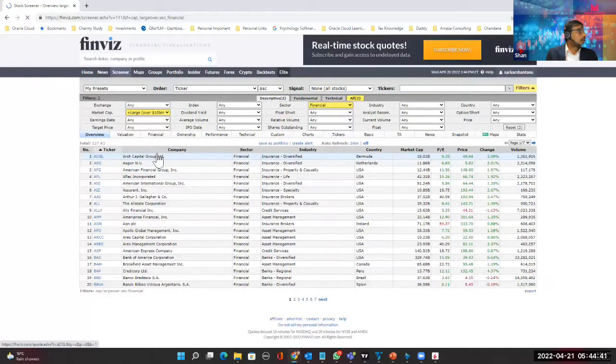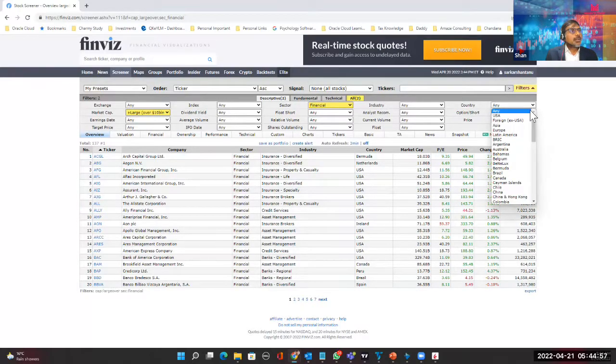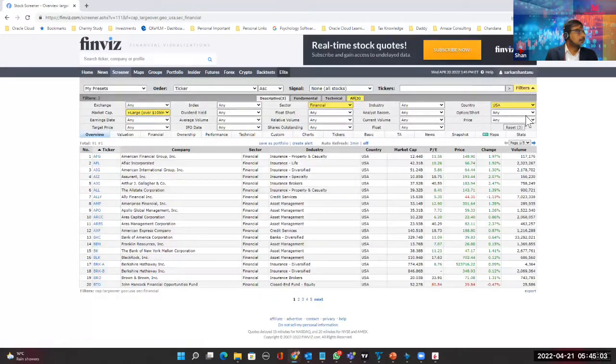So I click on that, and there are 137 currently available in this list for the filtered. Then probably I'm currently interested only in the US based US listed stocks. So I click on US, and that comes to 91. That's still good.